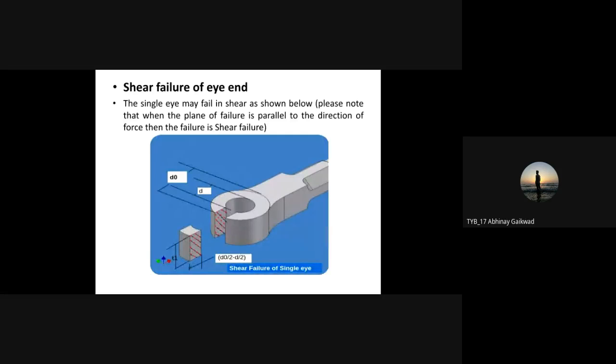If that part is going to get sheared, then which area is going to resist that shear? Hello?